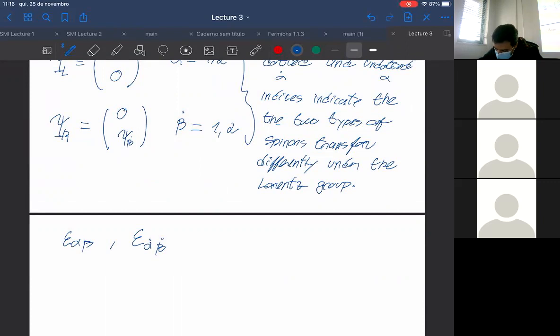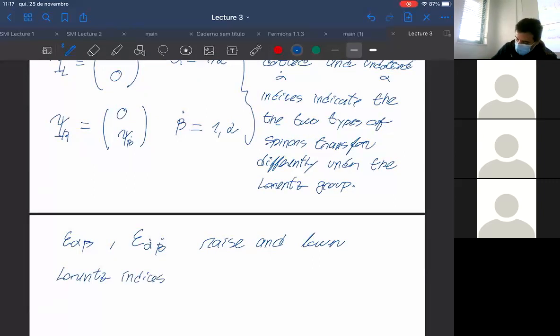These are written in terms of the Pauli matrices, of course, but they serve to raise and lower Lorentz indices. And they do that as follows.